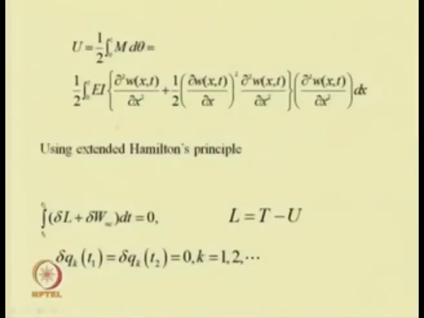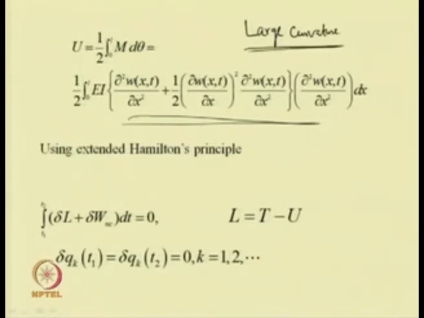And if one considers large amplitude displacement, in case of large curvature or large amplitude vibration, then M can be written in this form: M equal to del square w by del x square plus half del w by del x whole square into del square w by del x square.